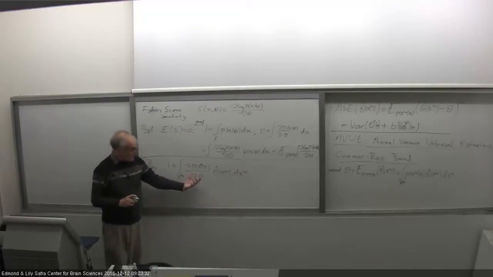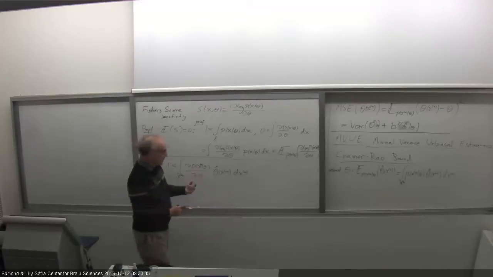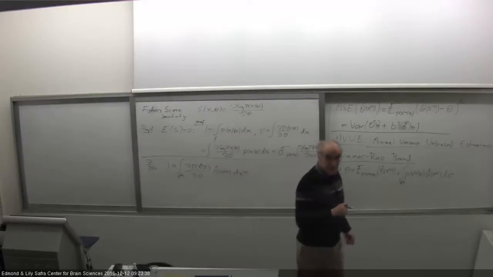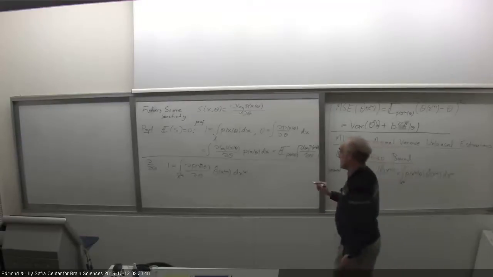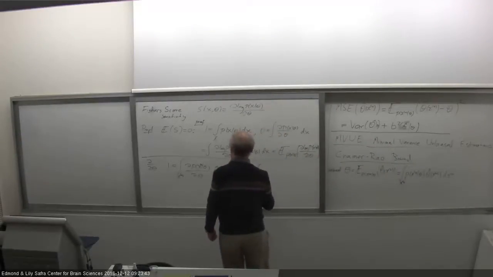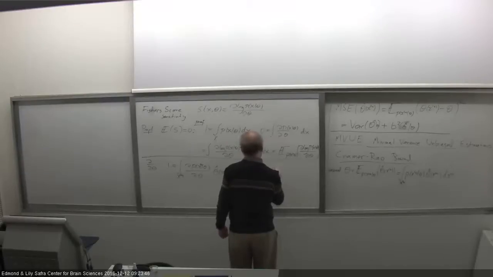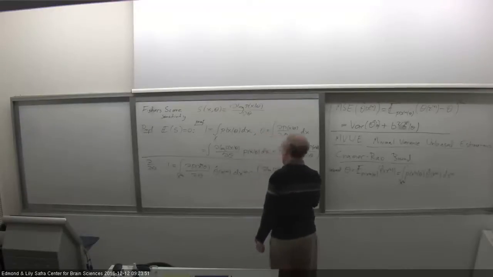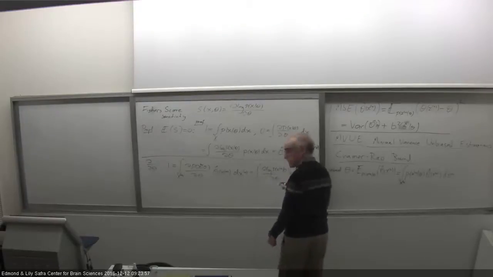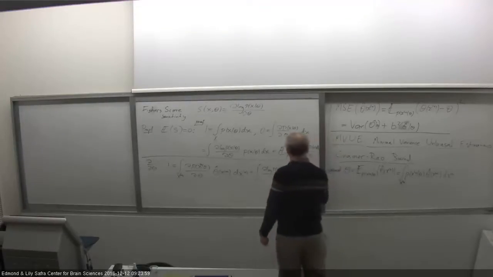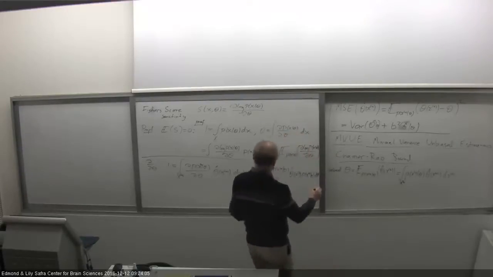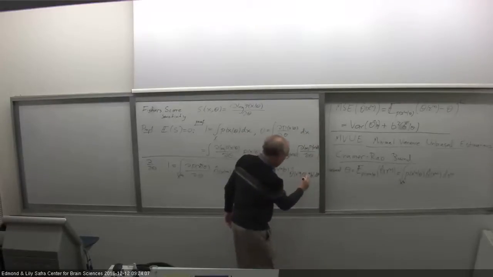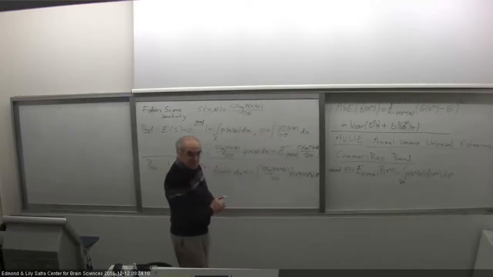But this is again the same trick. I take the logarithmic derivative and turn it into an expectation. So this is the integral of d log p(x_n, theta) over d theta times theta hat, which is independent of theta, so it's not affected by the derivative, times p(x_n, theta) dx_n.